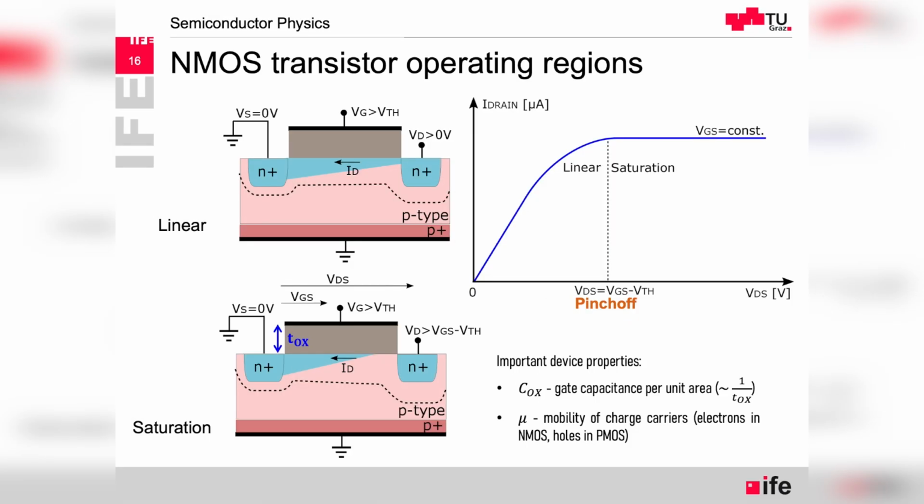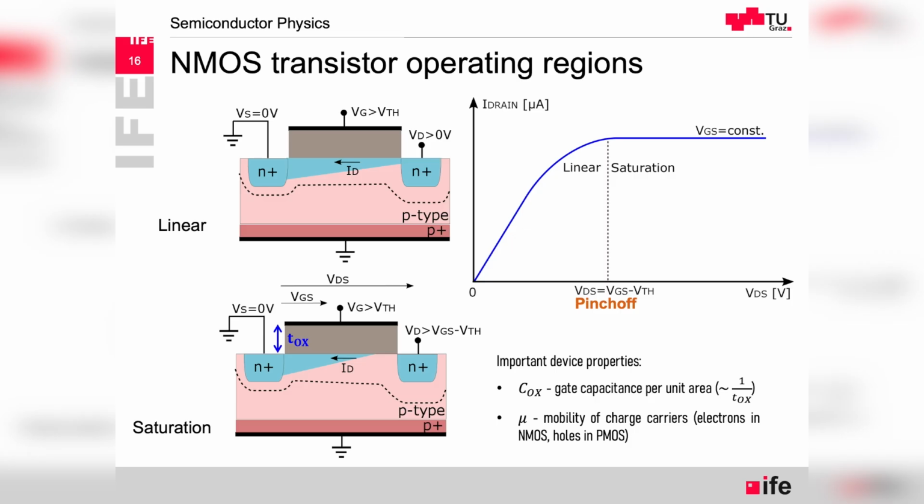We have in the upper slide the so-called linear operation. So the current through the transistor changes linearly as we increase the drain voltage. And at some point, the drain voltage gets higher than the difference between gate and drain. It becomes smaller than the threshold voltage difference. So we see that the inversion charge is disappearing under the gate.